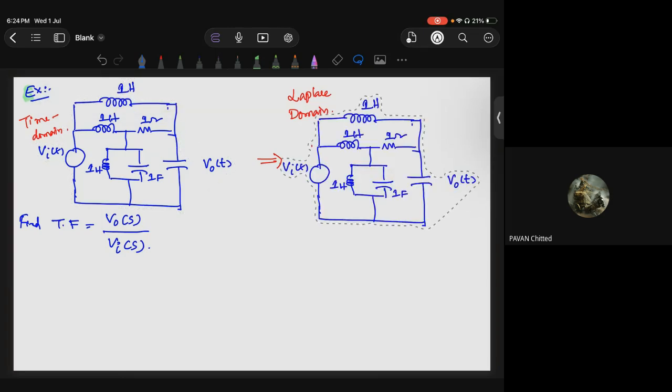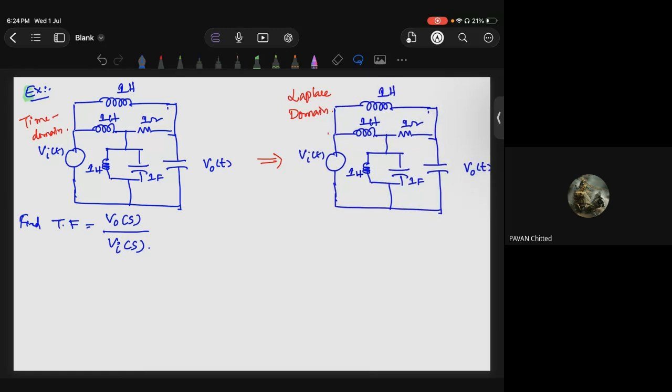The circuit will not change. I hope you got this already in your signals and systems, network theory or circuit theory course. Okay, so I'll explain how to do that.